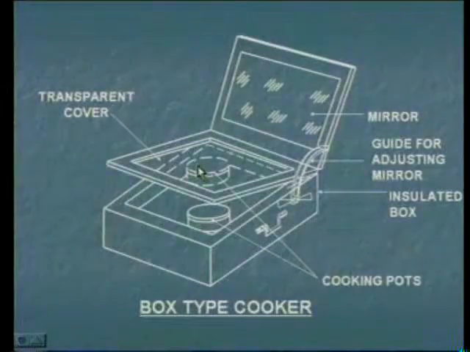Solar incident radiation is falling on the transparent cover. From the transparent cover, the radiation passes through to the bottom and falls on the black body. This body absorbs the heat, so the products placed in the pots will be cooked. This is the best application for solar energy and is used in rural areas.